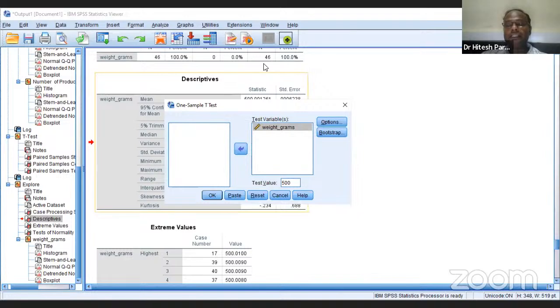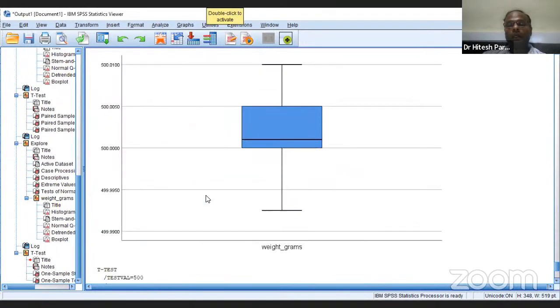So that is why the benchmarking value, yes, every time your benchmarking test value will be different. So test value is 500 and just click OK and you will get your result.